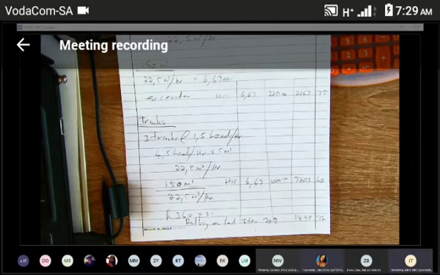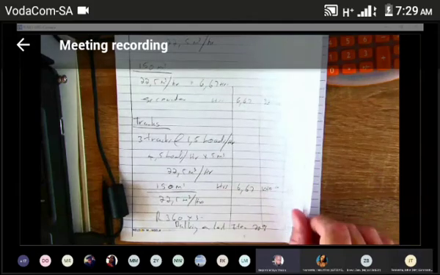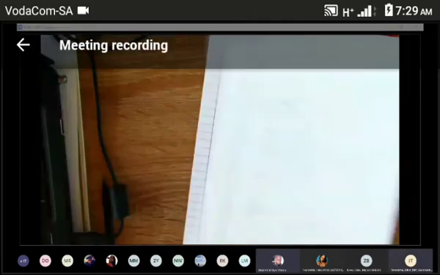Right. Any other questions? Sir, I'd like to ask about the compaction. Is there a way of relating the type of machine you are using to how many passes it does to the compaction that is required?